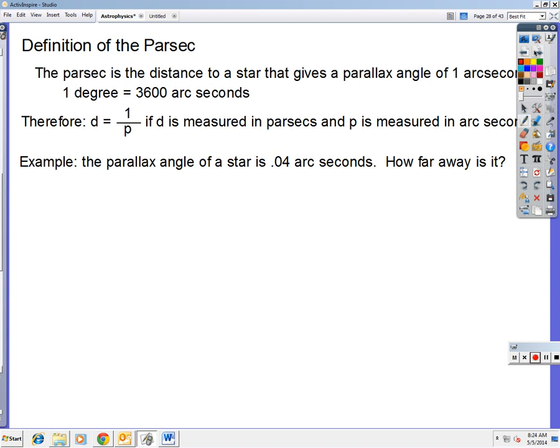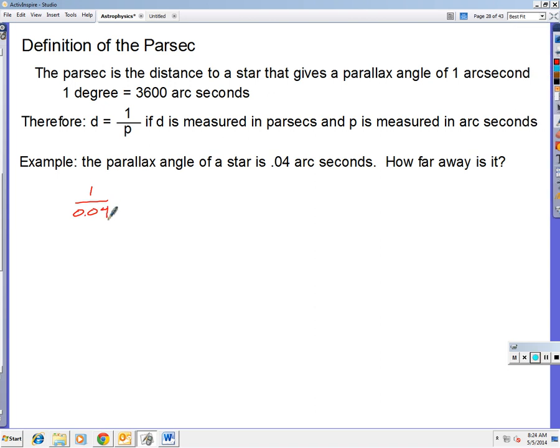So if we've got a star that has a parallax angle of 0.04 arc seconds, 1 over 0.04 is equal to 25 parsecs, which, if we do the conversion to light years, is 81.5 light years away. If you doubled the distance, you would cut the parallax angle in half.